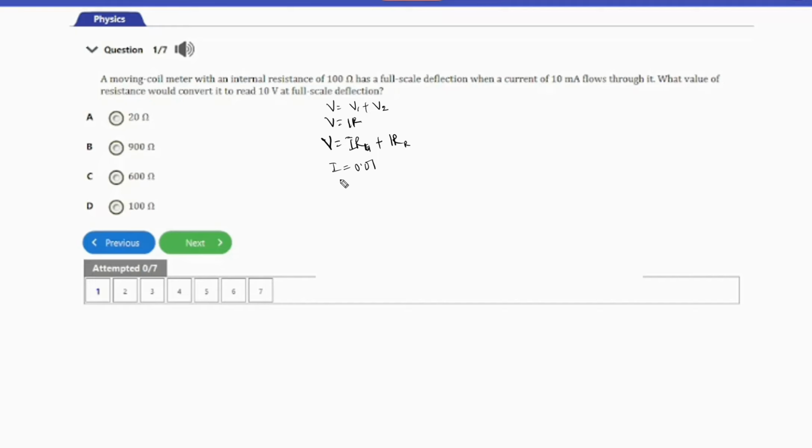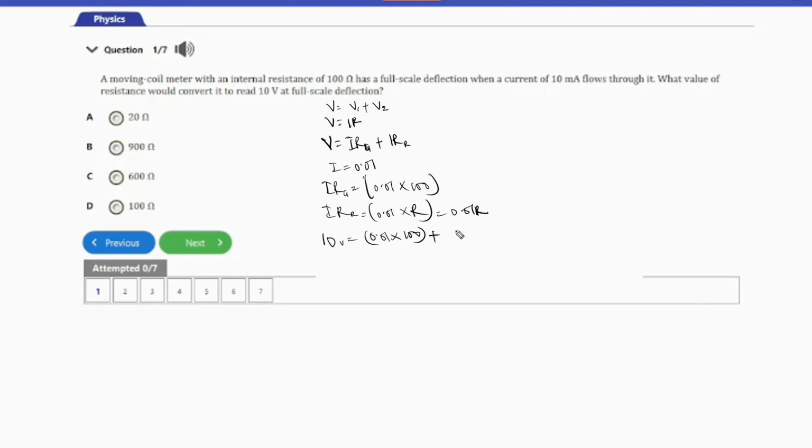So the IR for the moving coil meter is 0.01 times 100 ohms, plus the IR for the external resistance, which is 0.01 times R, so 0.01R. All of this is equal to the 10 volts.